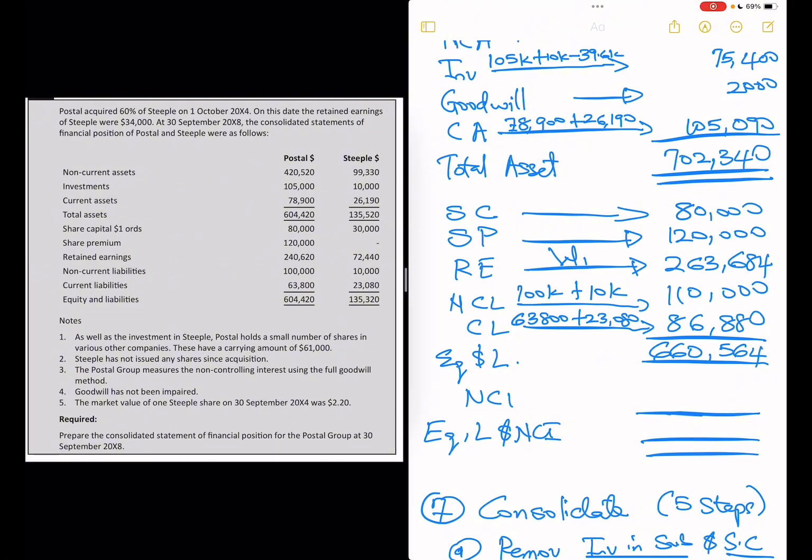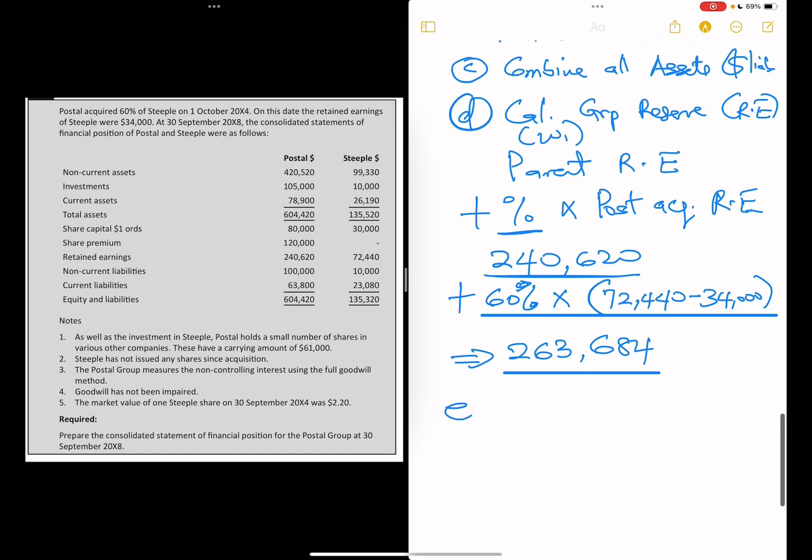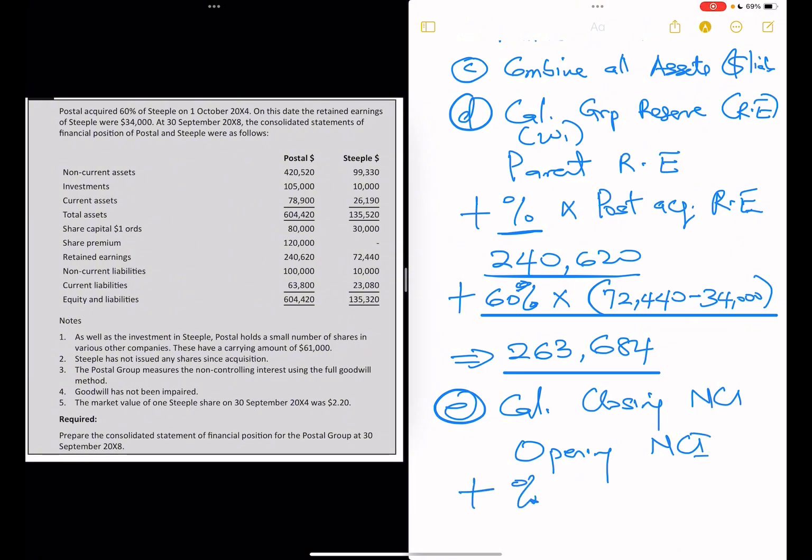Now the last step, which is step 5, is to calculate the closing NCI. Remember I told you closing NCI is opening NCI, just the same way you calculate any reserve, plus percentage NCI multiplied by post acquisition reserve.